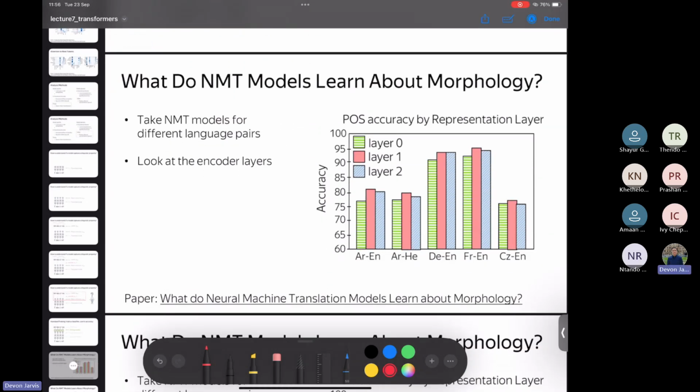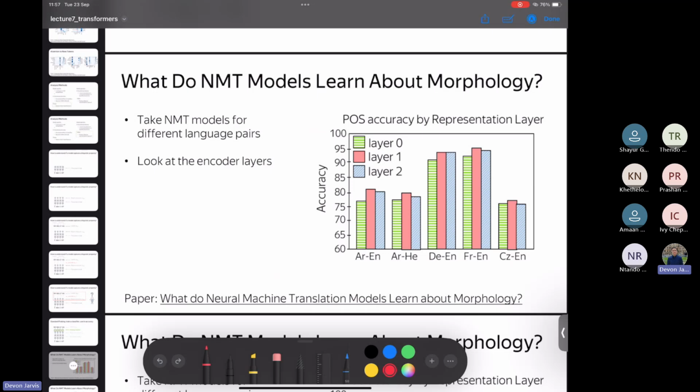For example, in neural machine translation models, you can try to probe morphology. You can take different NMT models for different language pairs and look at the different decoder and encoder layers and see how they perform when you try to predict different morphological features from them. For example, if we're translating from French to English, you can predict a lot of morphological features coming out of the different layers of that translation model.